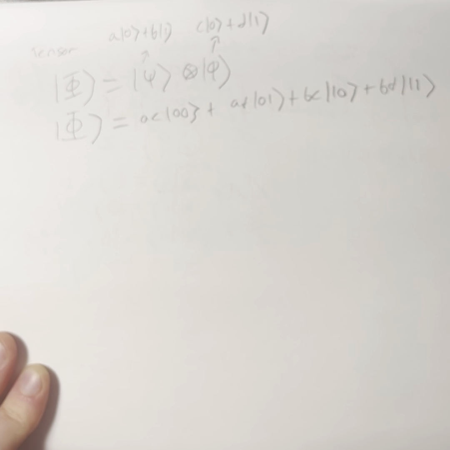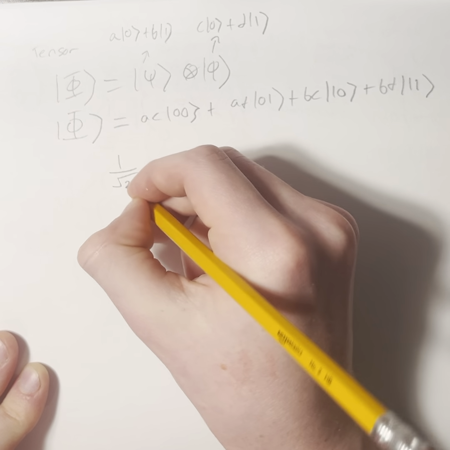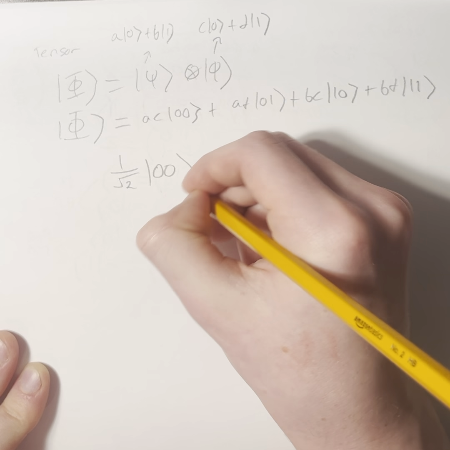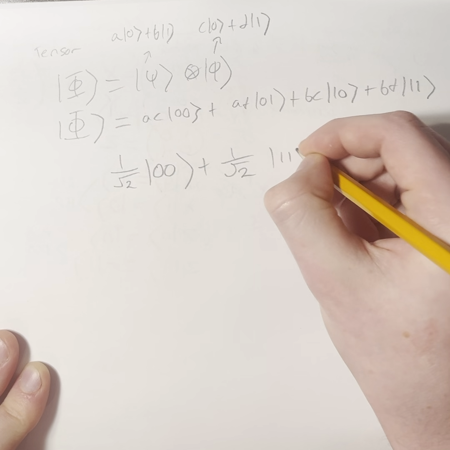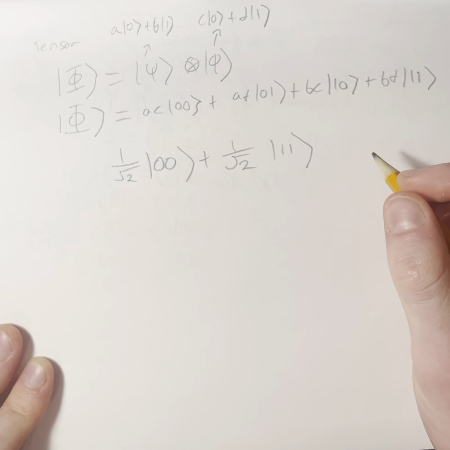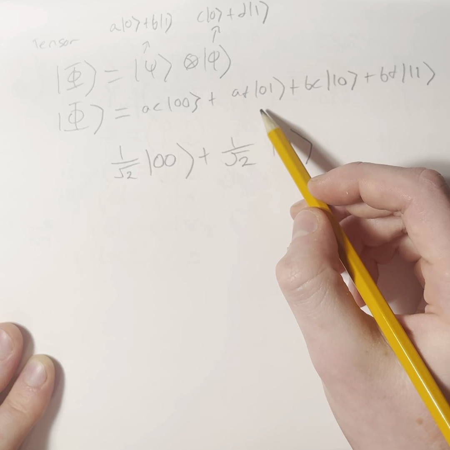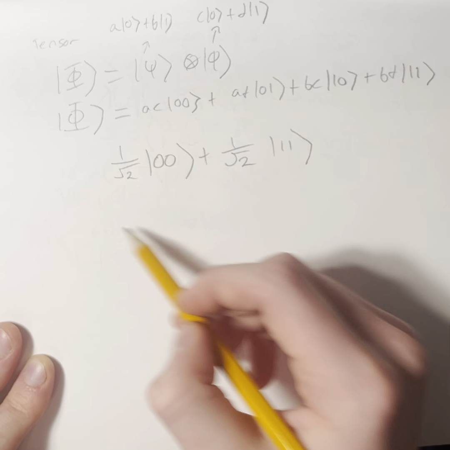However, what if we have a state like this, where our product, as it were, is a linear combination like this, ket 0,0 plus ket 1,1. Now, if we think about it, the coefficients of ket 0,1 and ket 1,0 are both 0 in this state.